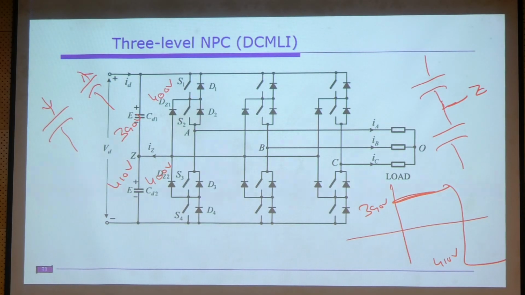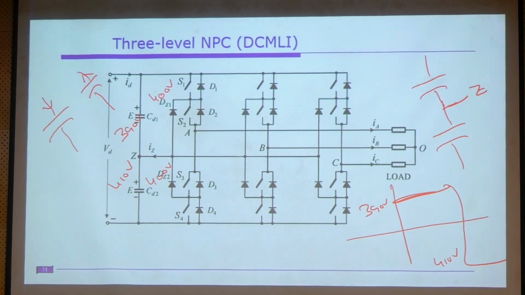So clearly we have some DC offset in the waveform. If you directly feed the DC offset to your motor, the magnetic circuit will be saturated. Understood?